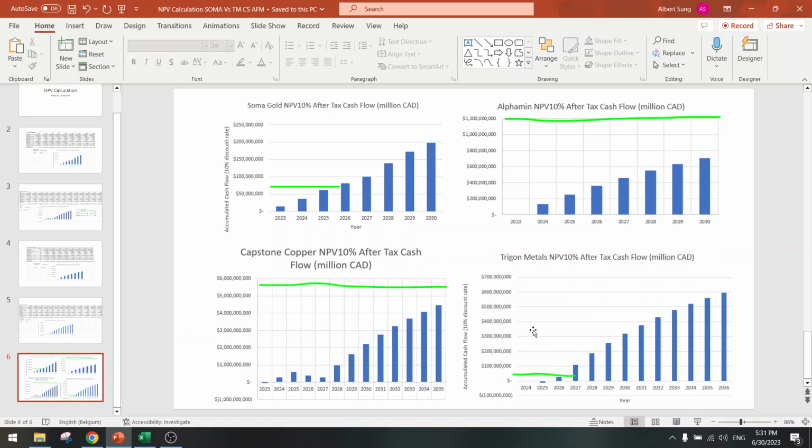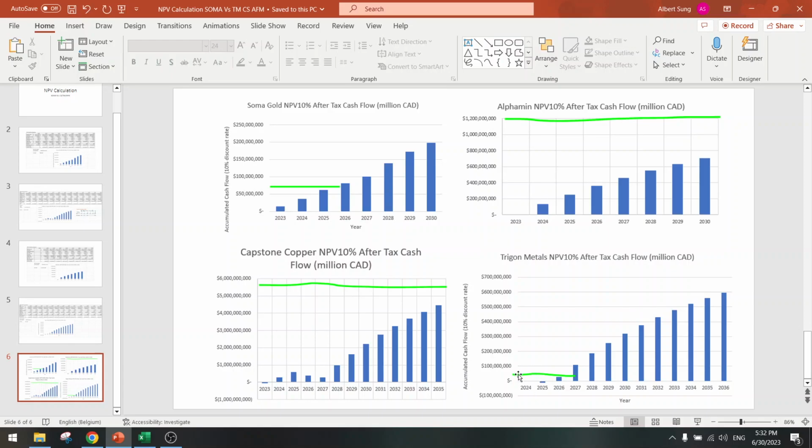Well, they are a bit the same, but the upside here is much higher. 40 to 500. Here we have 70 to 200. So it's 70 to 200 times 3. And here we have times 7 until 2030. So yeah, Trigon Metals has much more upside.